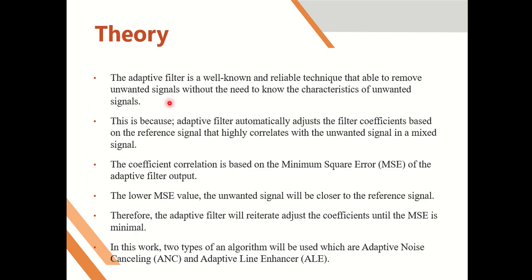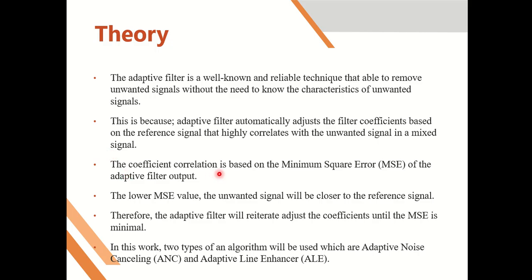So basically, theoretically, the adaptive filter is a well-known algorithm and reliable technique that is able to remove unwanted signals without needing to know the characteristic of the unwanted signal. This is because the adaptive filter automatically adjusts the filter coefficient based on reference signals that highly correlate with the unwanted signal that mixes with the signal.